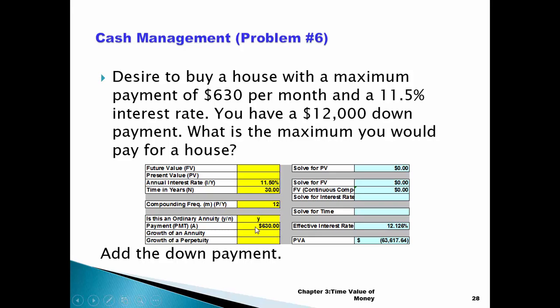Monthly payments. $630 is the payment, right? If you're getting a loan, you would be receiving that amount. So the present value of the $630 payments is $63,000. So now if you add the down payment to that, you'd be willing to buy a house with a maximum of $75,000.